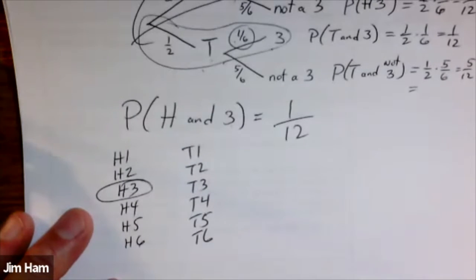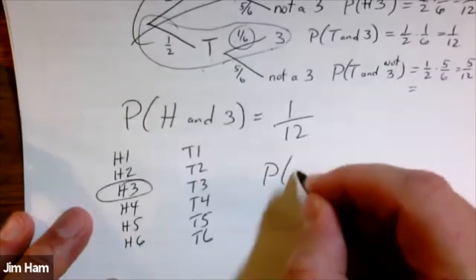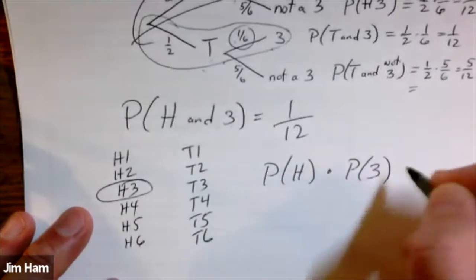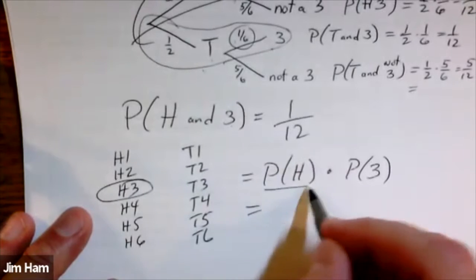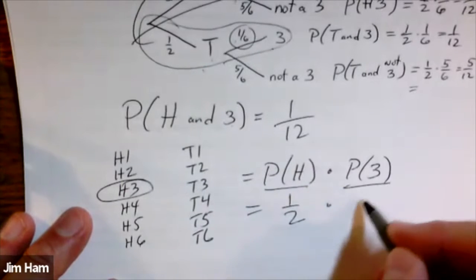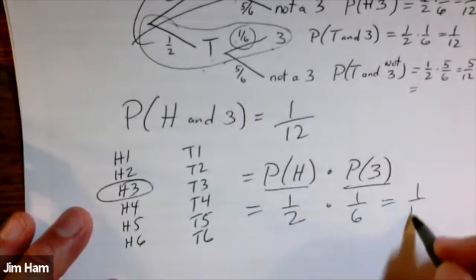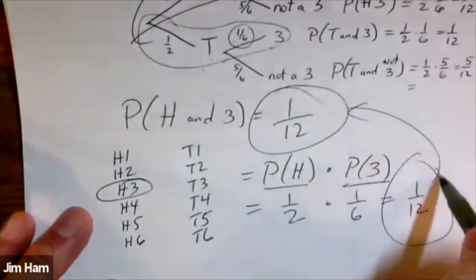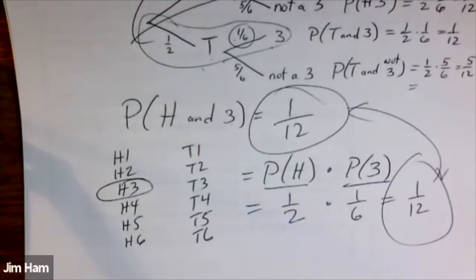So 1/12. And notice that if we take the probability of heads and multiply it by the probability of getting a 3, the probability of a head is 1/2, the probability of a 3 is 1/6, and if we multiply those two together, we get 1/12. So use a tree diagram. It can help you solve lots of problems.